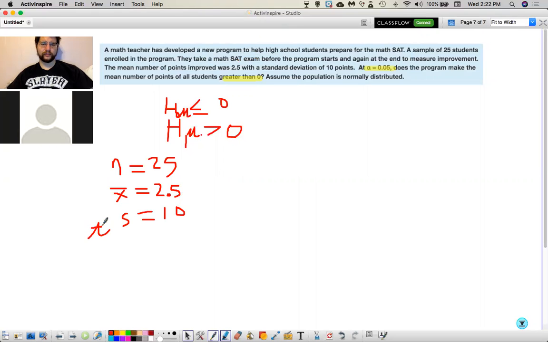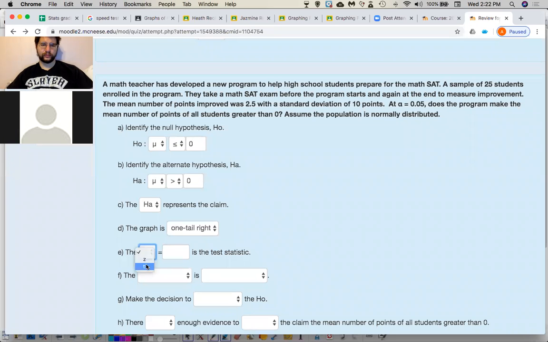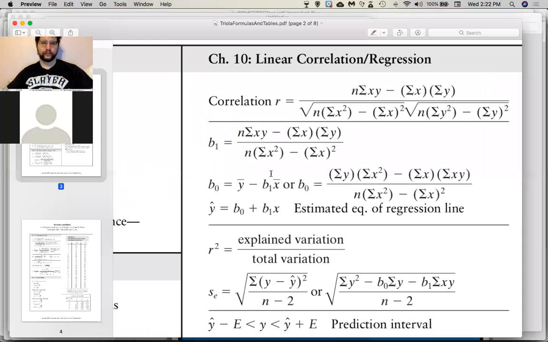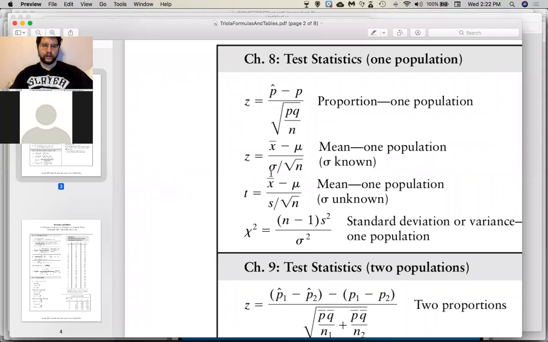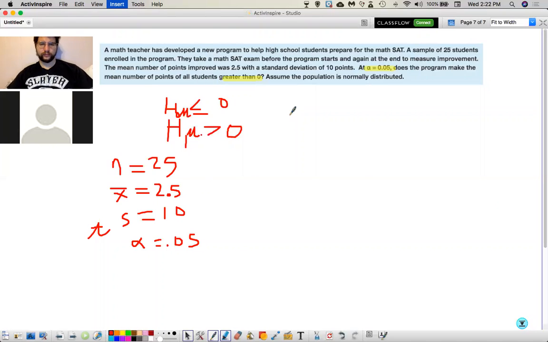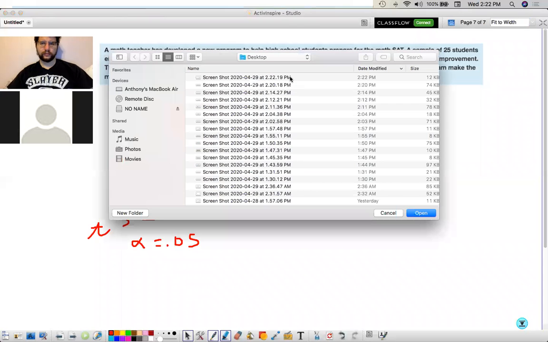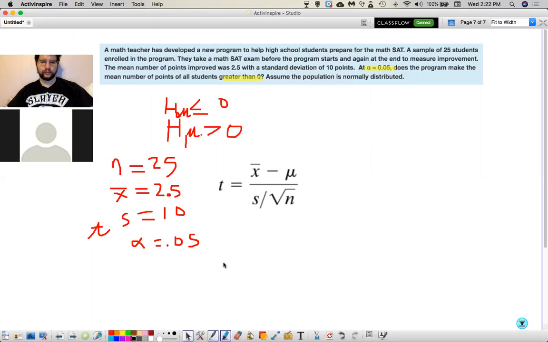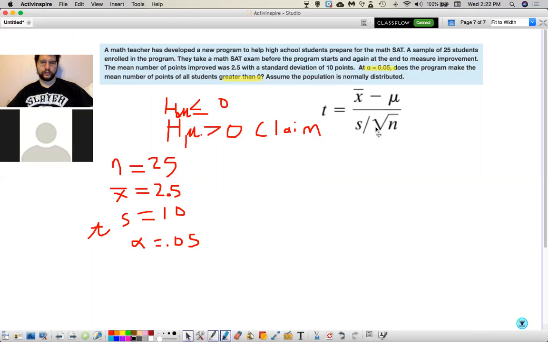That makes this a T. So now alpha being 0.05, we can calculate the test statistic right here. This is our claim, by the way. We put it on the Moodle document, but that's right there too.